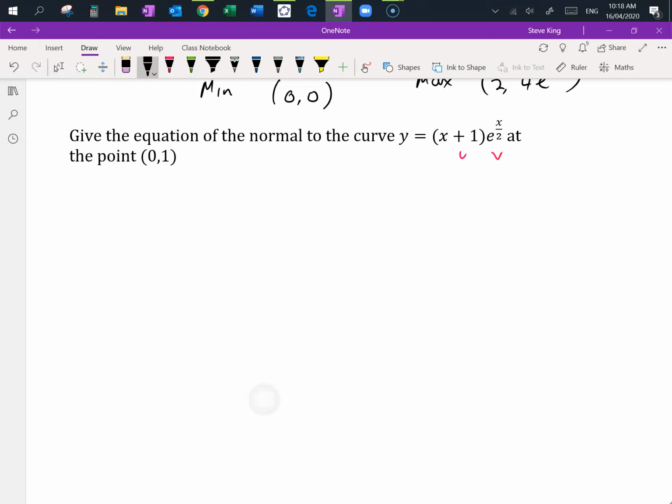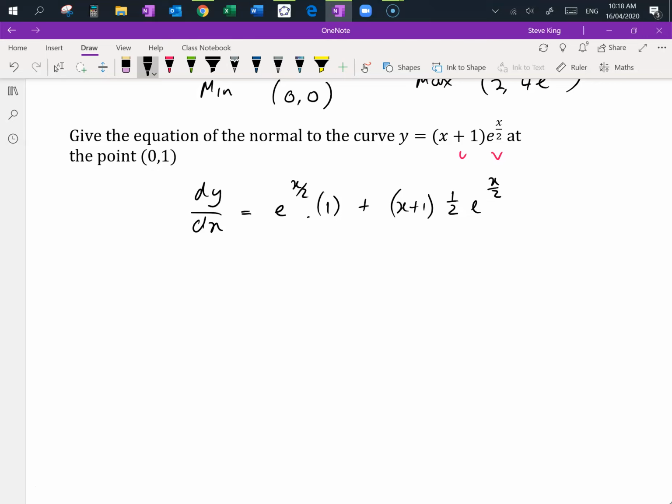And straight away I can launch in and say, right, dy/dx is going to give me v, which is e to the x over 2, times by the derivative of u, which is simply going to be 1, plus u, which is x plus 1, times by the derivative of e to the x over 2, and that's simply going to be a half e to the x over 2.